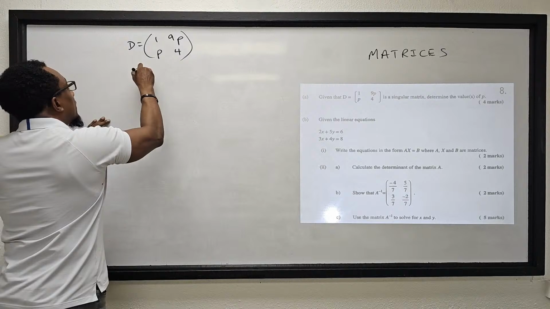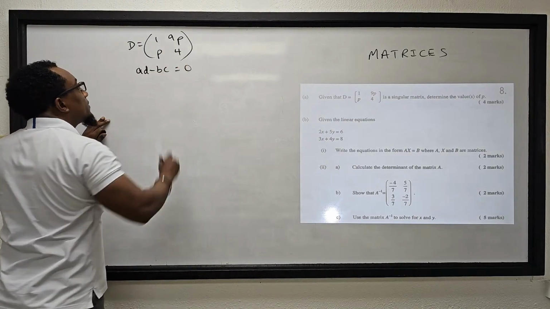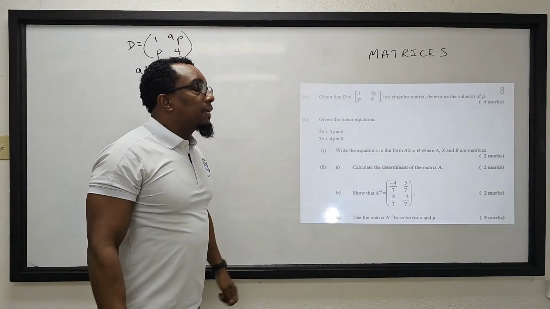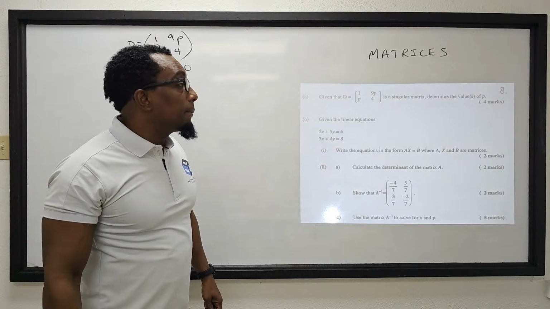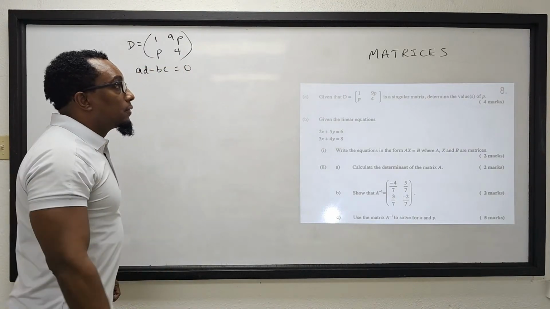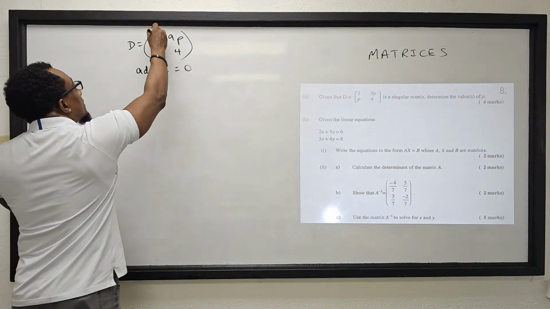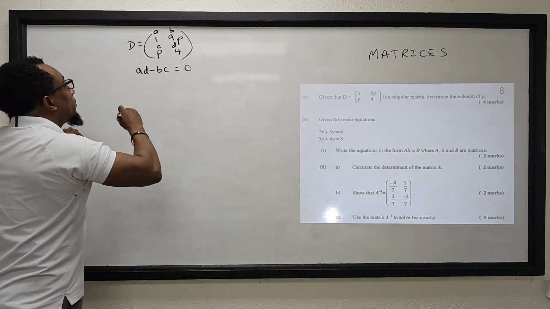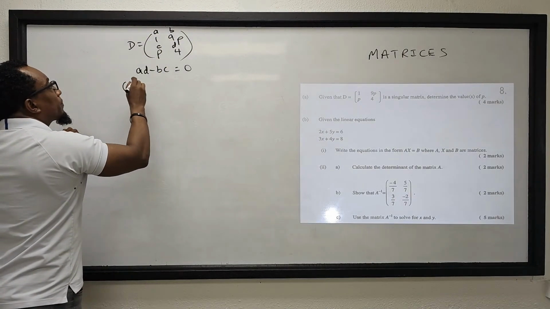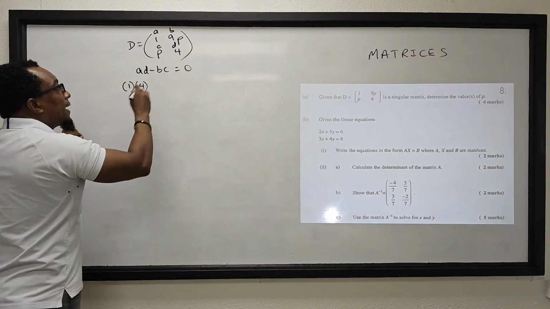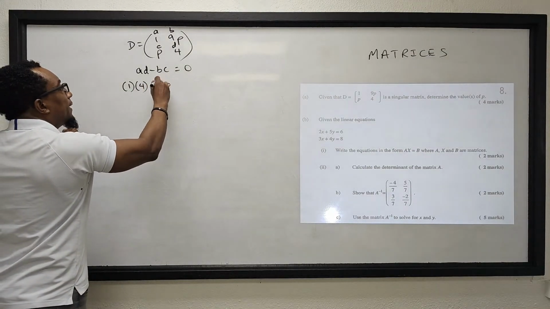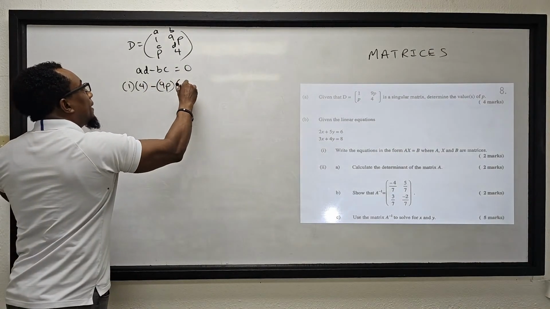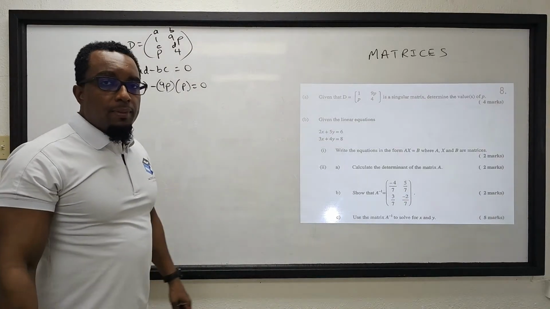We know that the determinant is equal to 0. And we want to find values of P. So this is A, B, C, D. We're going to substitute: A is 1, D is 4, put both in brackets, subtract B is 9, P in brackets, C is P in brackets, is equal to 0.